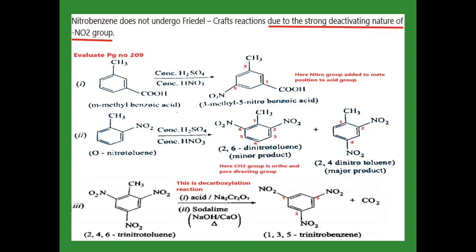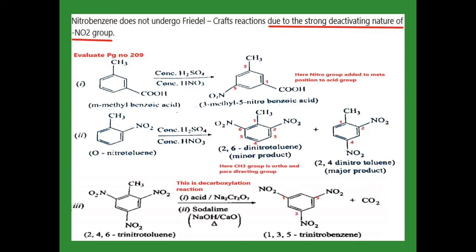The ortho position has many crowded atoms on one side, but in the para position the groups are in opposite directions, it is balanced, so the para product is always the major product. The next one, third one, here 2,4,6-trinitrotoluene.